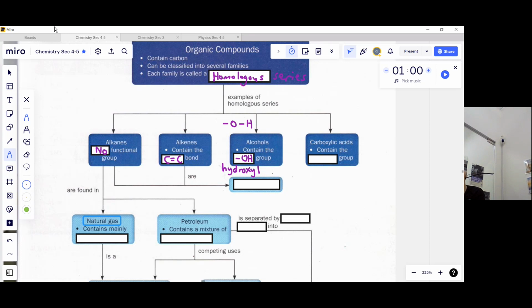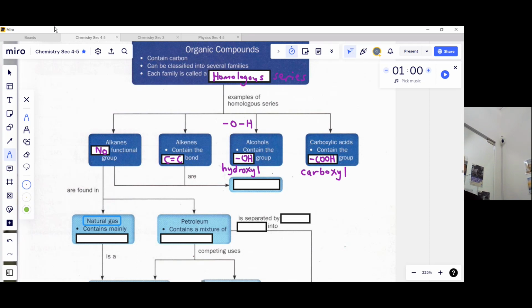Carboxylic acid, what group does it have? COOH group, or functional group. There's a name for that, but they won't ask you about that. But I'll put it down for your sake. It's the carboxy group. OH is the hydroxy group. COOH is the carboxy group, even though they hardly ask about that.